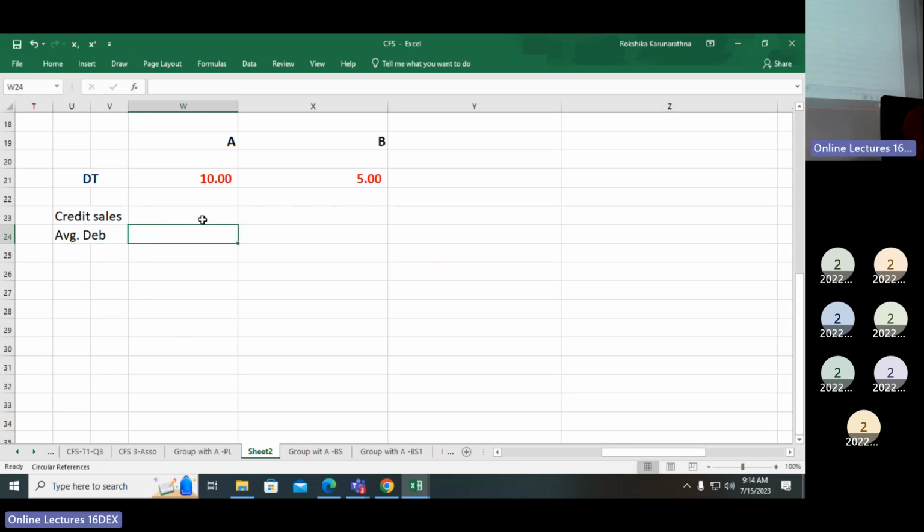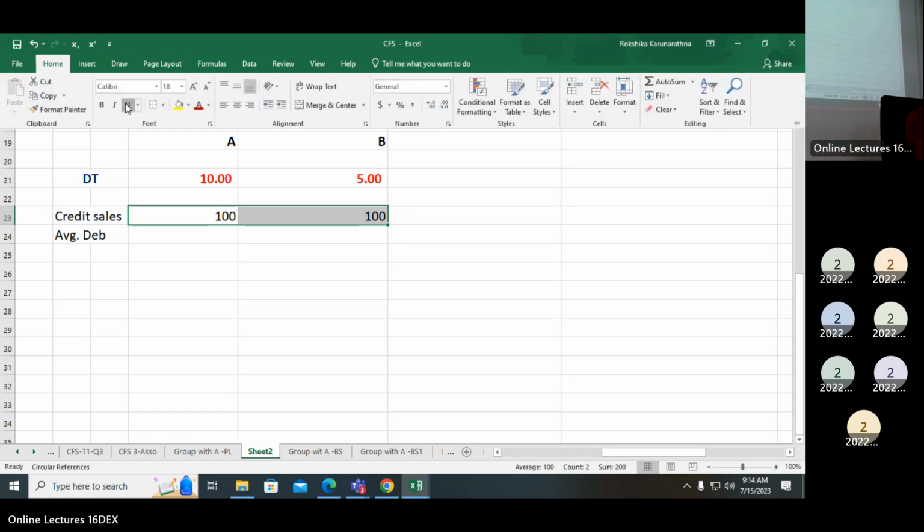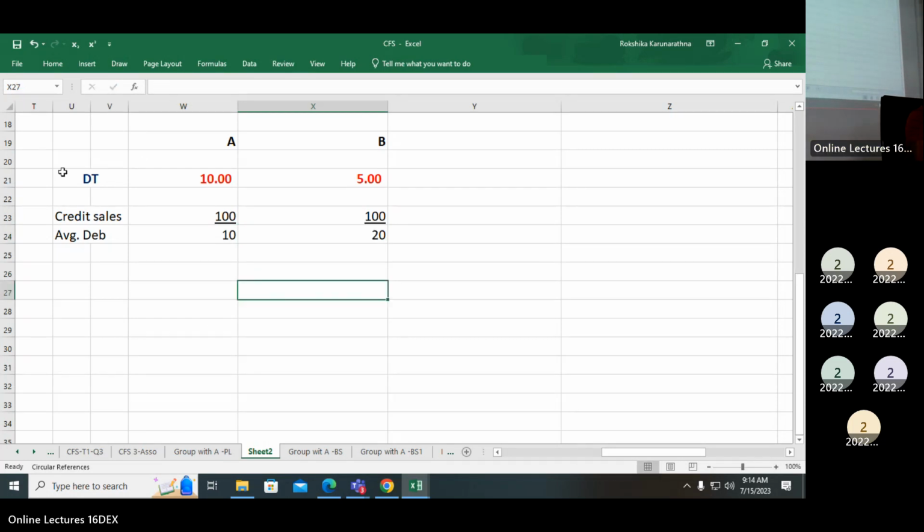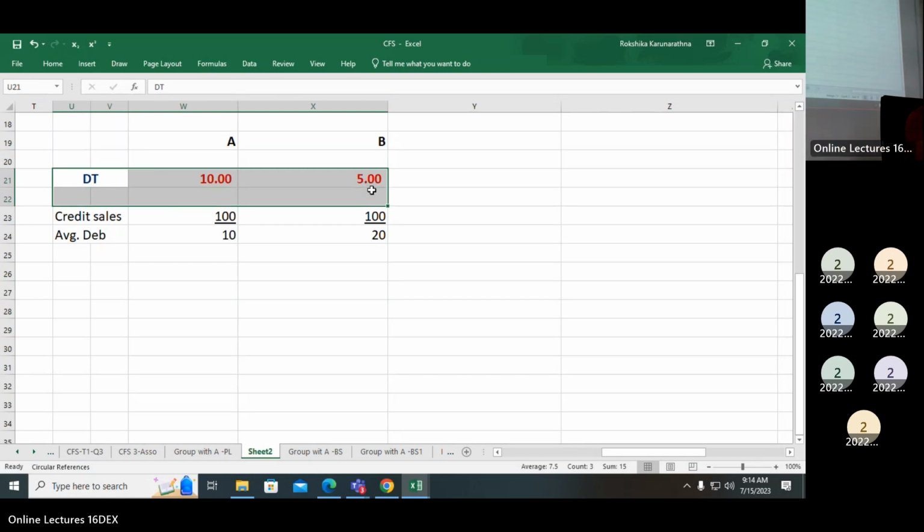Now I will substitute figures to make this clear. Let's say both businesses make 100 million credit sales. One business has average debtors of 10 million, the other 20 million. You can look at these two figures and decide what is favorable. When you make credit sales, one business has 20 million debtors and another only 10 million debtors on average.